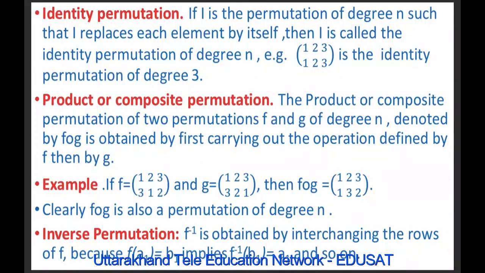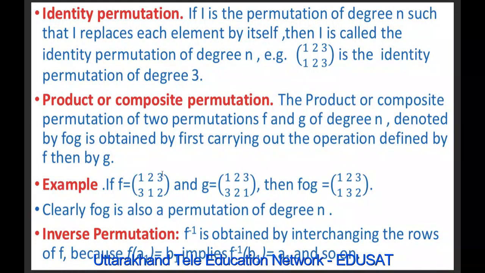See, in f, the image of 1 is 3. So we get the element 3. Now in g, the image of 3 is 1. Therefore we write f of g: the image of 1 is finally 1. Now in f, the image of 2 is 1 and in g, the image of 1 is 3. So in f of g, the image of 2 is 3.